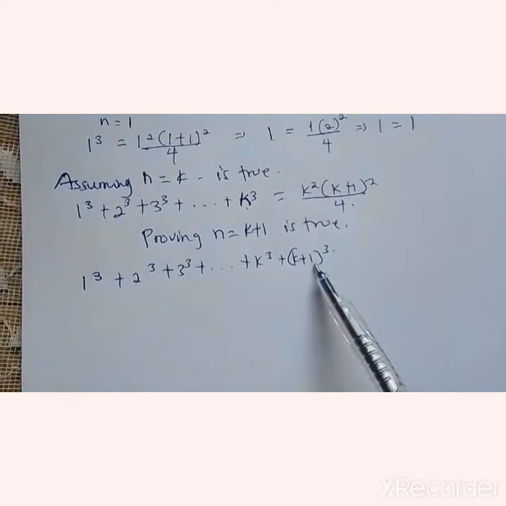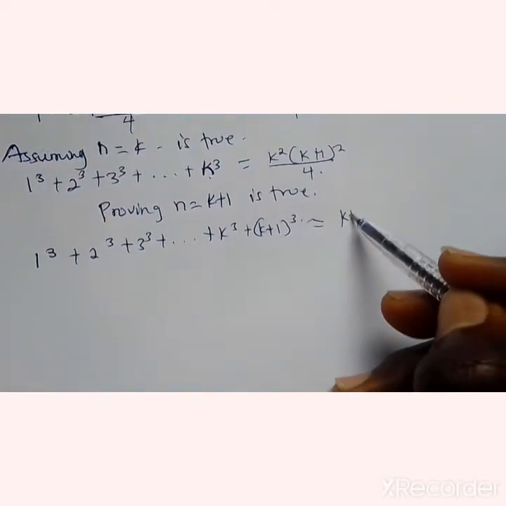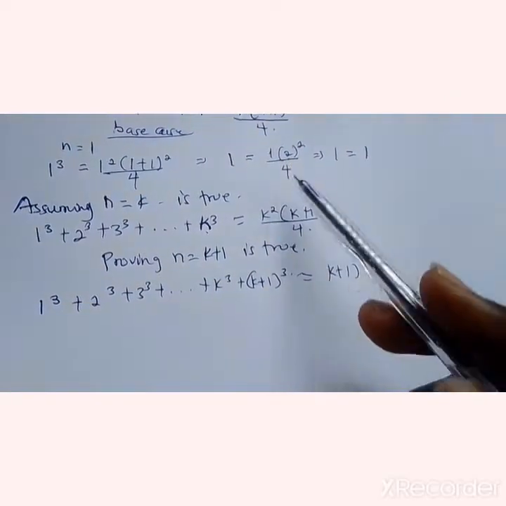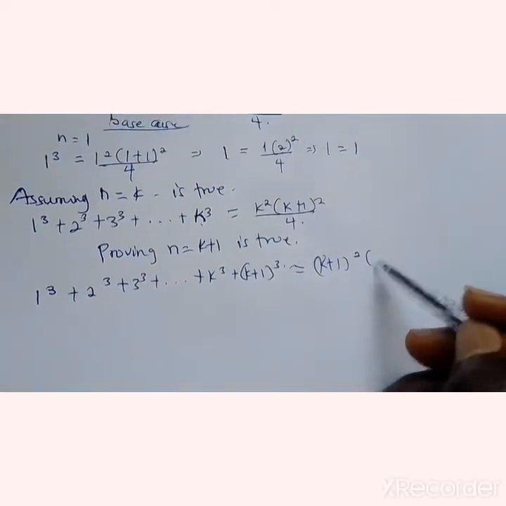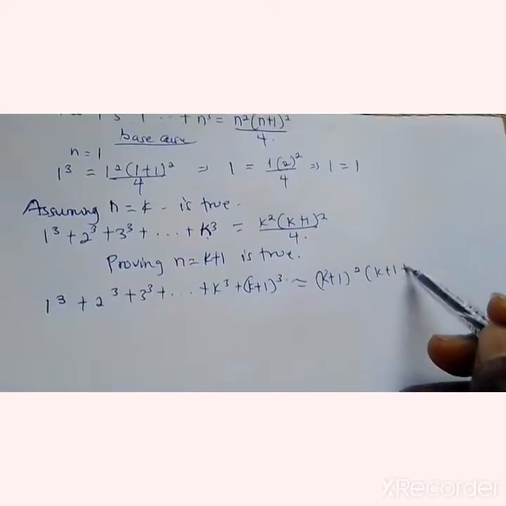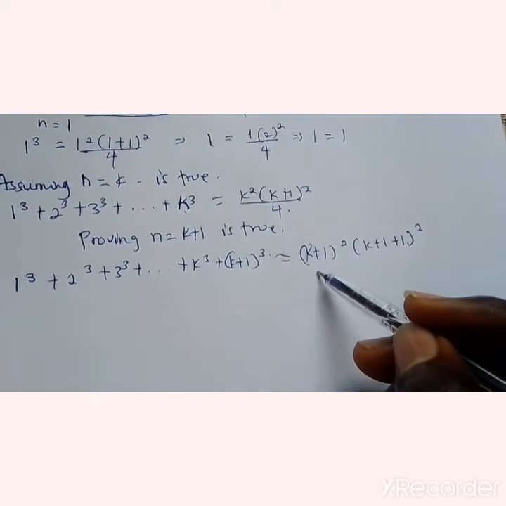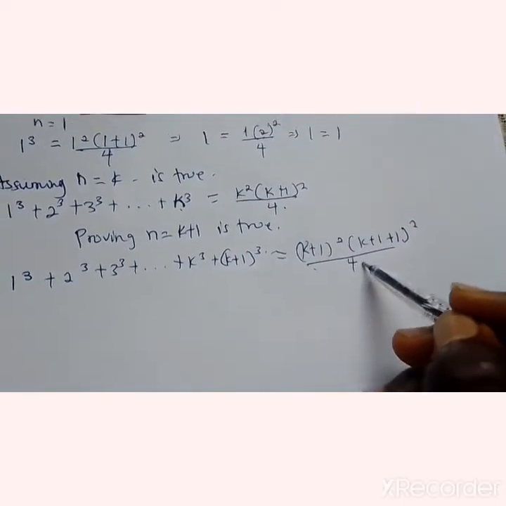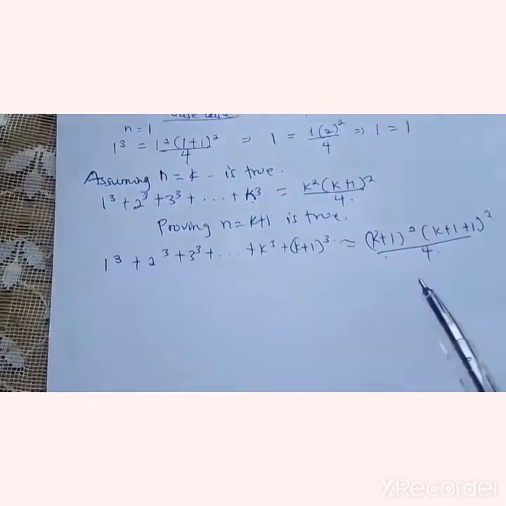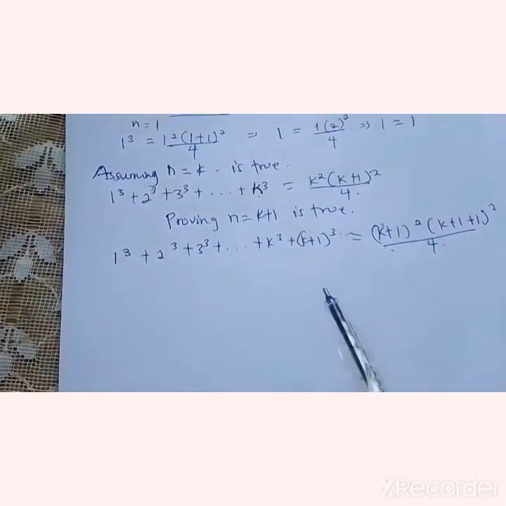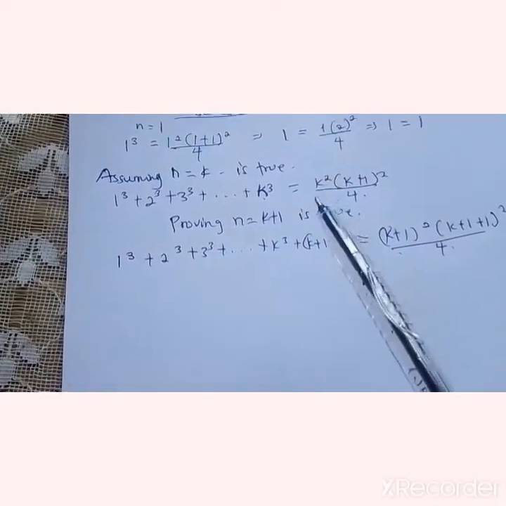That's why we had plus k plus 1 all cubed. And on the right, wherever we see n, we put k plus 1 straight away: k plus 1 all squared, multiplying k plus 1 plus another 1 inside, all squared all over 4. We have to show that the left hand side and the right hand side are equal. Then you see that our statement is true for all natural numbers.